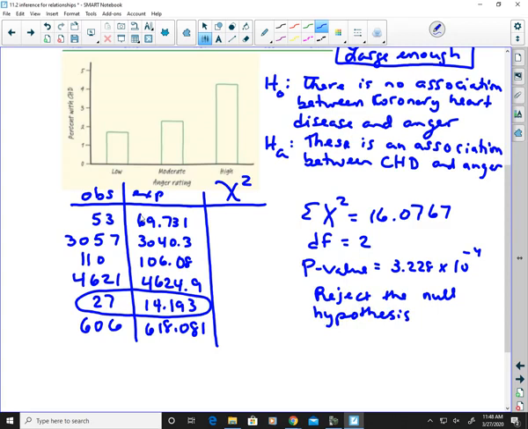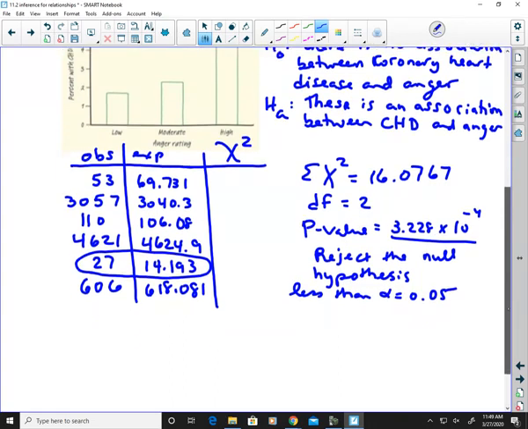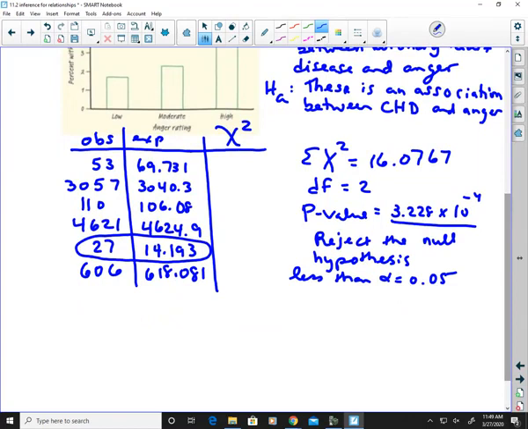And of course you would say, because that number, which is so incredibly close to 0, is less than alpha equal 0.05, we are going to reject that null hypothesis, and we have significant evidence that there is an association.